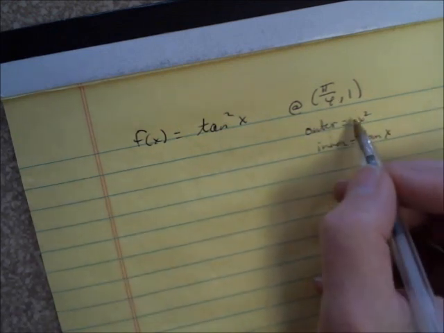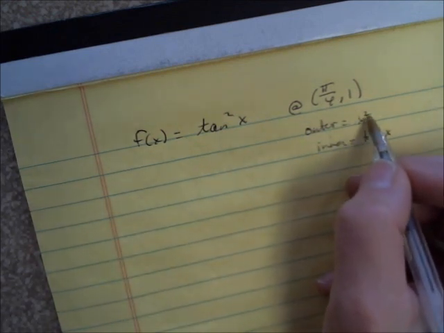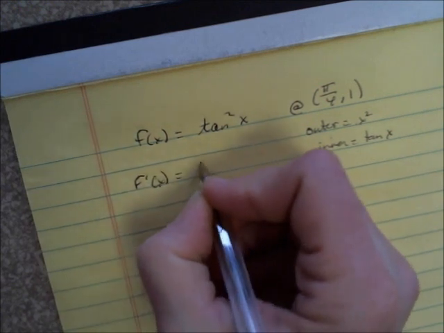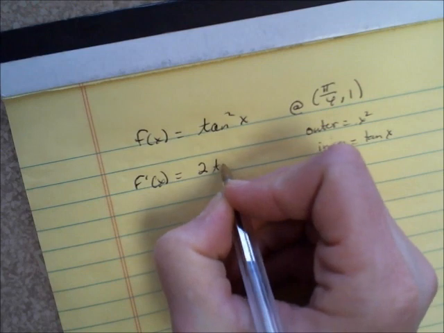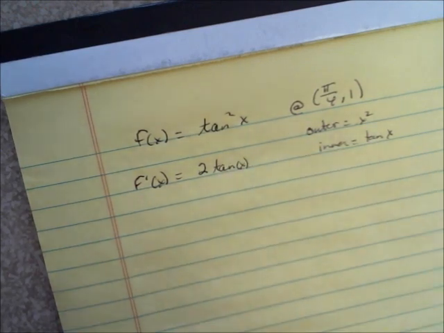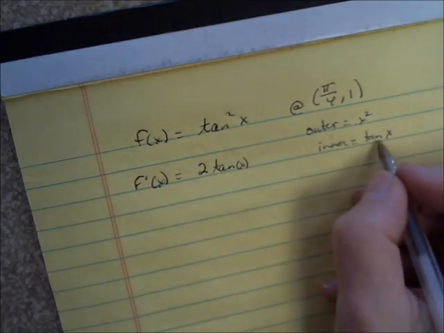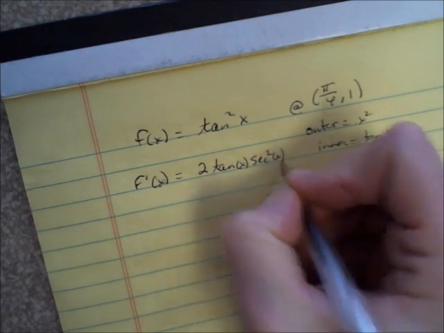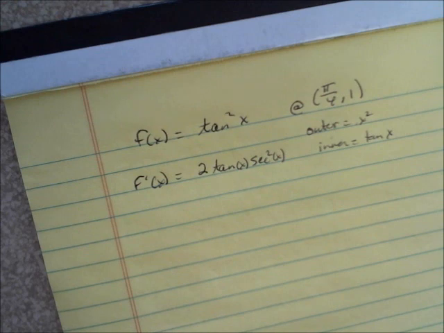So if we take the derivative of the outer function, it would be 2x to the first. So it would be 2 times the tangent of x to the first power. And then you have to take the derivative of the tangent, which is the secant squared of x. And there's your derivative of that.